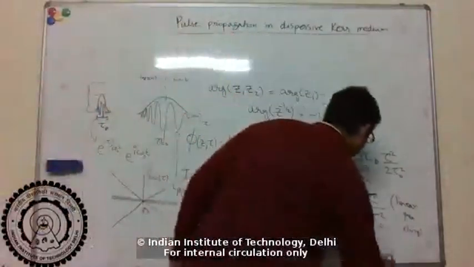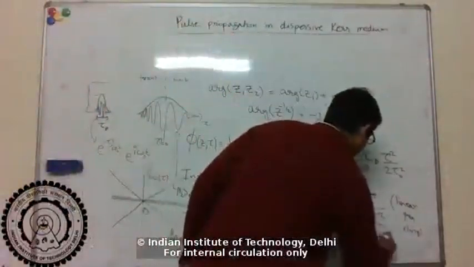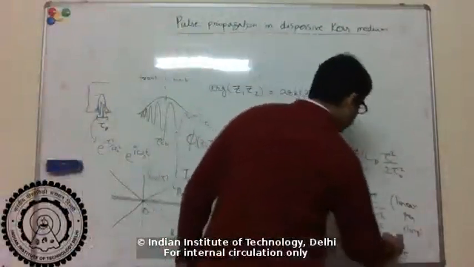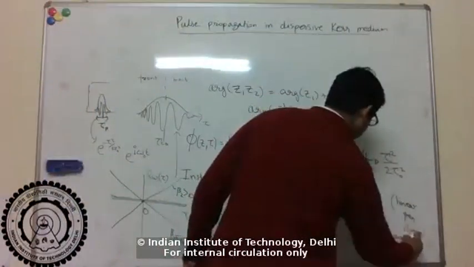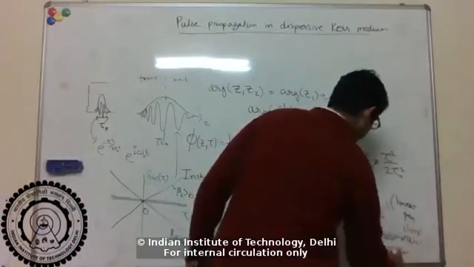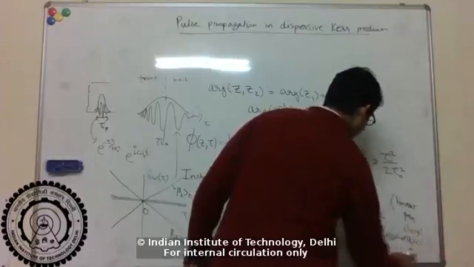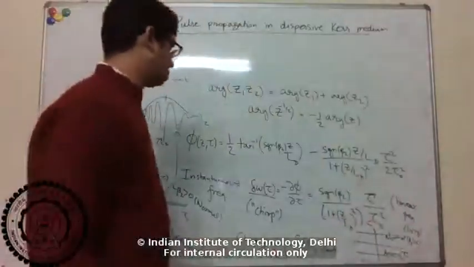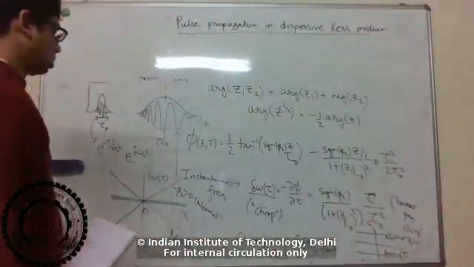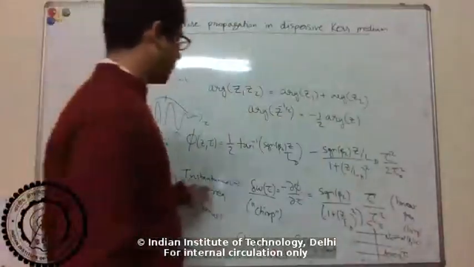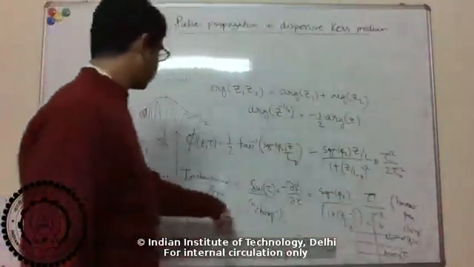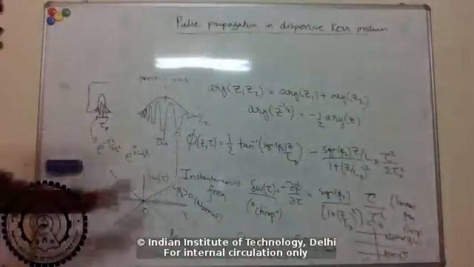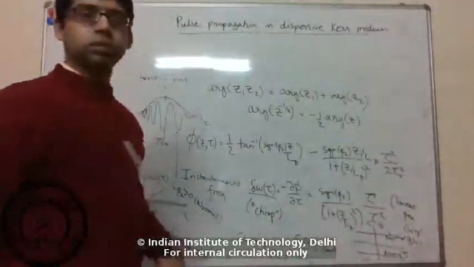So this chirp parameter c will be constant as a function of the pulse time. This is for normal, beta 2 greater than 0, and this is for anomalous. So normal dispersion adds a positive chirp, anomalous dispersion adds a negative chirp. And this chirp is basically what is giving you broadening in the time domain.